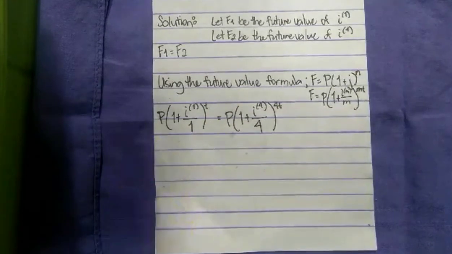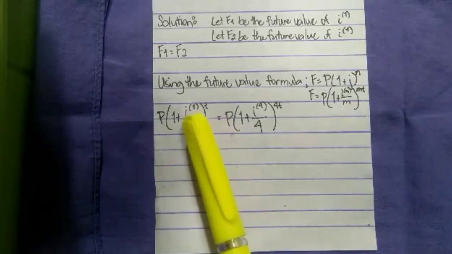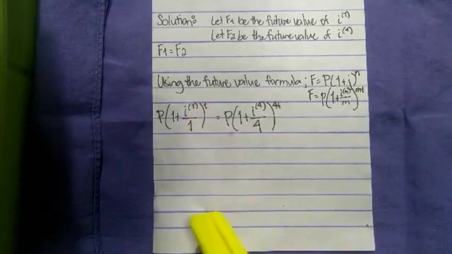So P times the quantity of 1 plus the effective rate, which is i^(1) over 1, and then raised to the power of t, because 1 times t is just t, equals the future value of the nominal rate, which is P times the quantity of 1 plus the nominal rate all over 4, and then raised to the power of 4t. The goal here is to find the effective rate, letting the effective rate be the only one on the left side, and also getting the value of that effective rate.